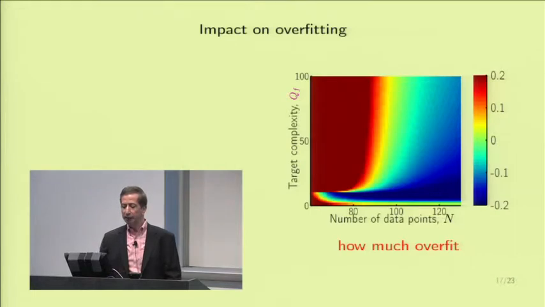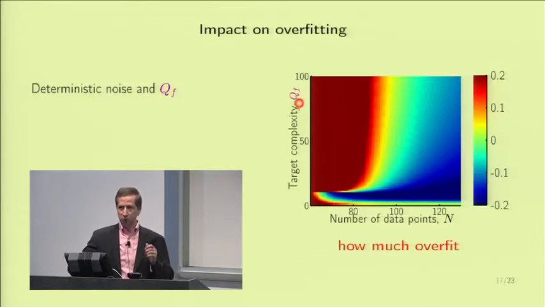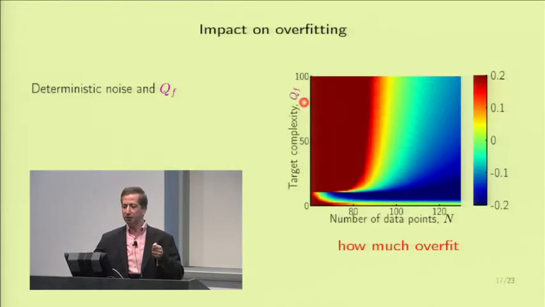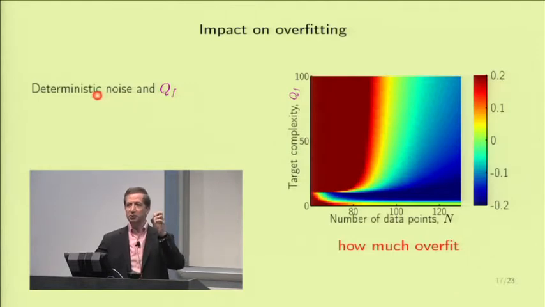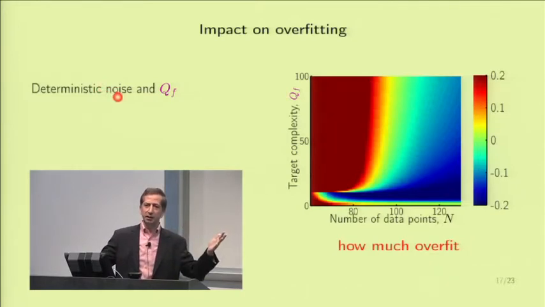And we are looking at deterministic noise as it relates to the target complexity, because the quantitative thing we had is target complexity. We defined what a realization of deterministic noise is, but it's not clear to us yet what quantity we should measure out of deterministic noise in order to tell us that this is the level of noise that results in overfitting, okay? We have the one in the case of stochastic noise very easily. We just take the energy of it.